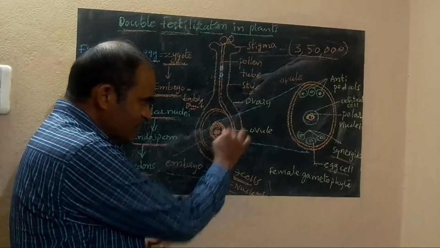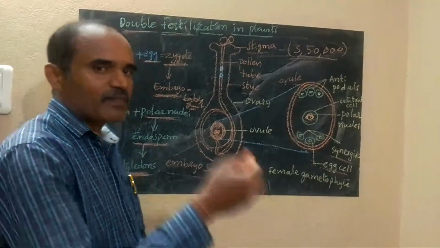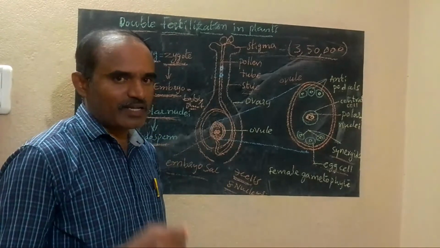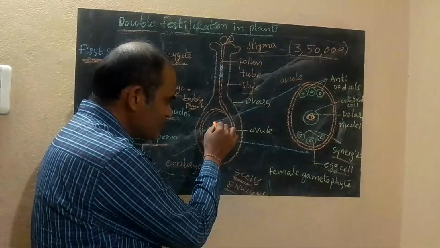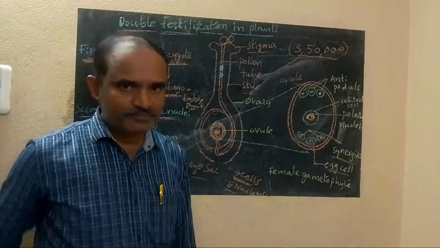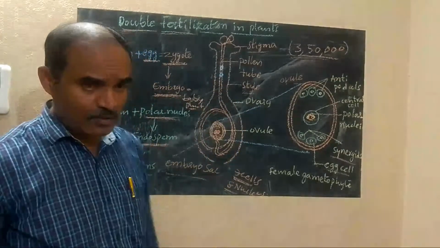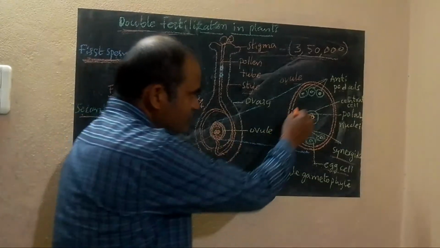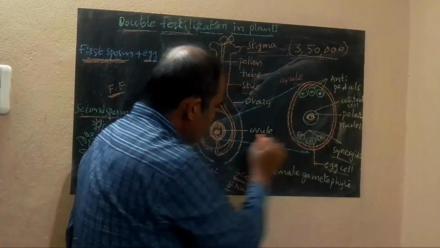Inside the ovary there is an egg-shaped structure, which is called the ovule.